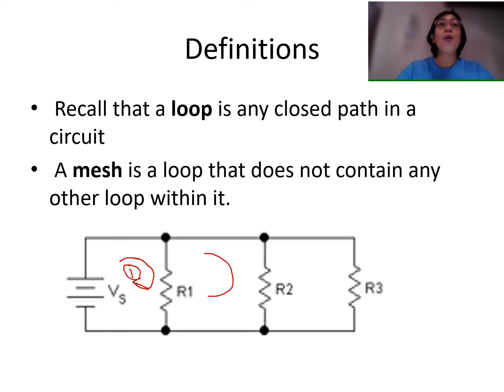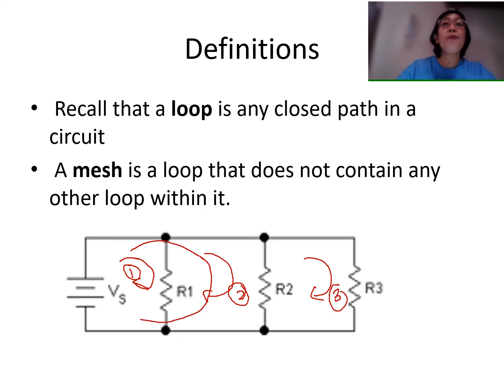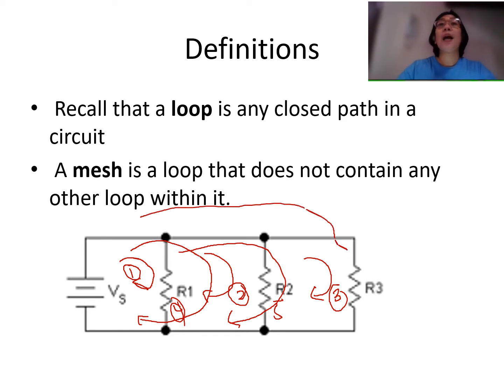We have here our loop number 2, loop number 3, loop number 4, and loop number 5. Then we have our loop number 6 at the outer part. So we have here 6 different loops.